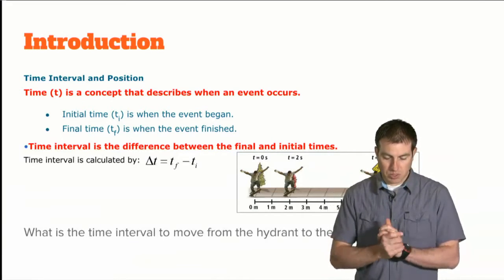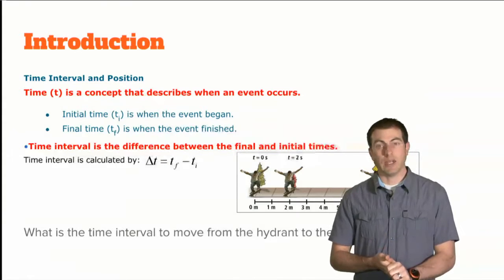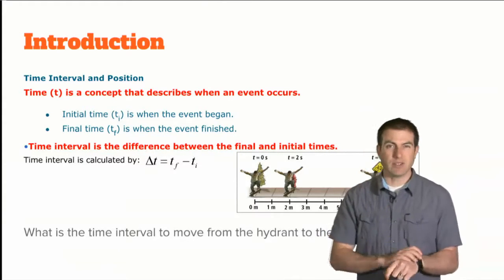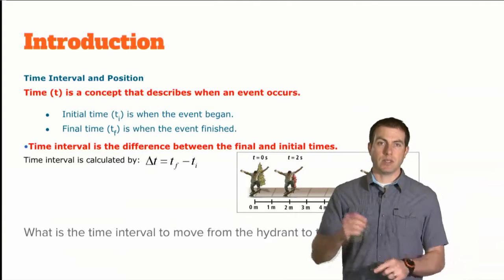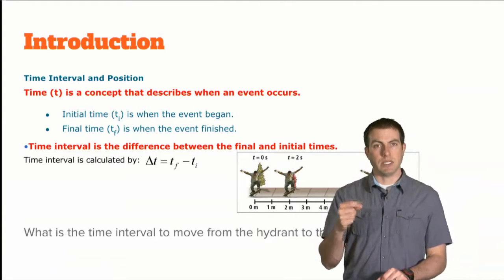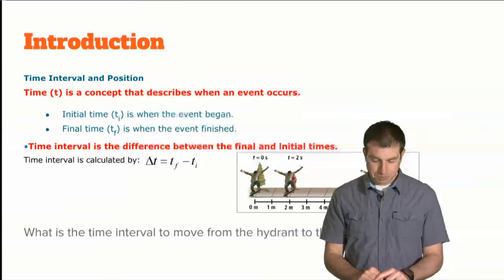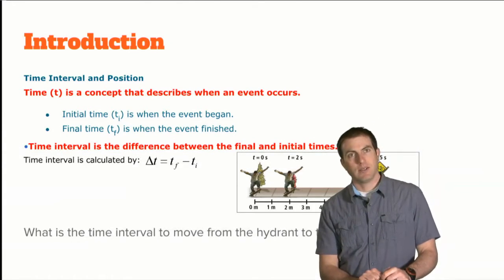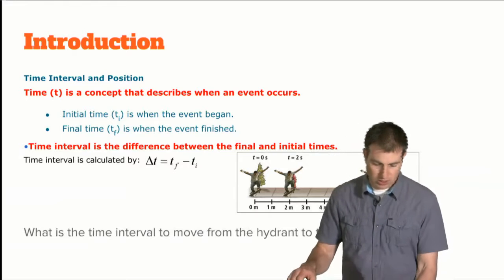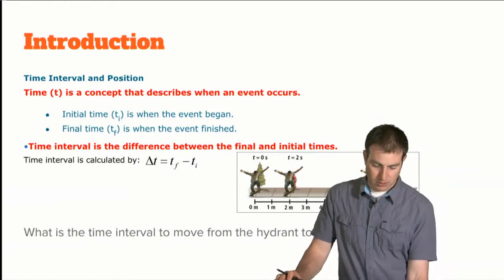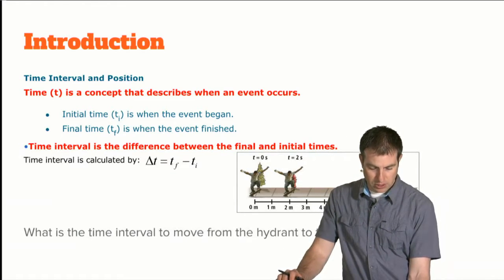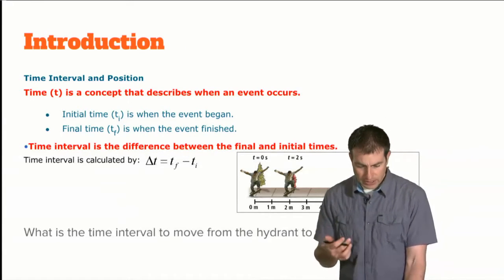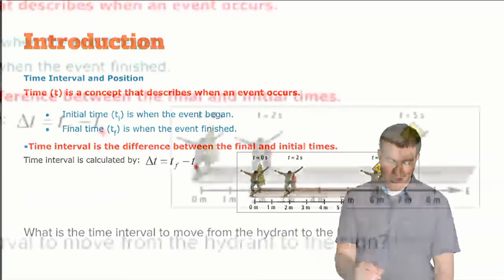So initial time is when an event begins, and then final time is when an event ends. Now we use these little i's and these little f's, they're subscripts. Ti is the initial time and tf is the final time. If you continue on and take physics with me next year, sometimes textbooks and teachers won't use i for the initial.